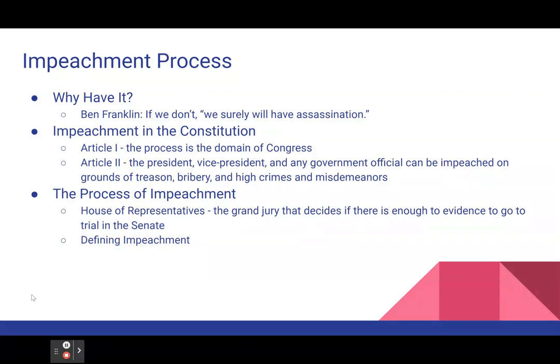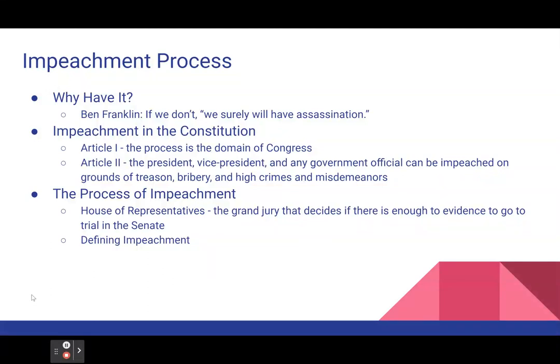Okay. The Senate is presided over, not by the vice president, but by the Chief Justice of the Supreme Court. That's where the Supreme Court gets involved. So the Chief Justice of the Supreme Court presides over the Senate, and the House of Representatives has to present their case, and in order to get a guilty conviction, you must have 2/3 of the senators voting guilty.